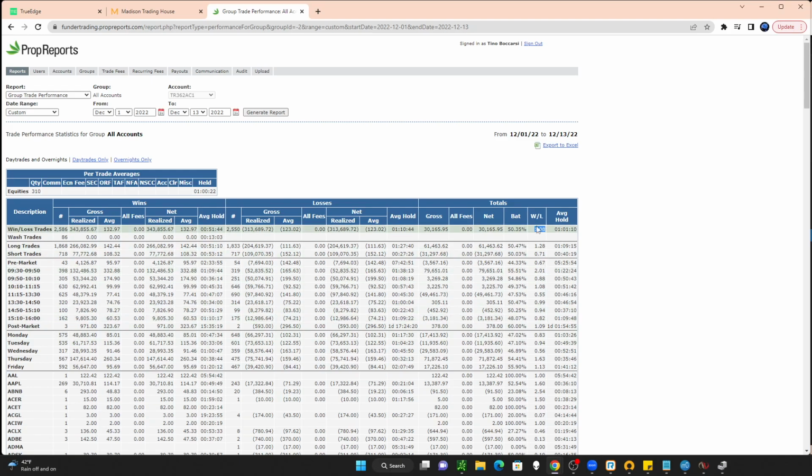You can also resize your screen to shrink it, but I know this is a pretty big view. Average hold time says how long you're holding on average, which for us is in hours or minutes. Basically our average hold time is an hour and 1 minute.